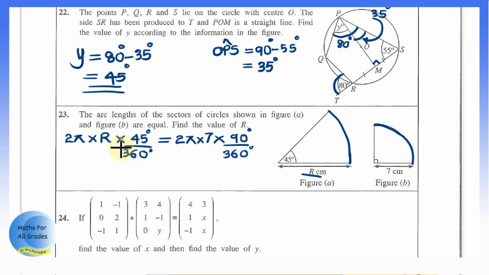Since this is an equation, these two are cancelling out and also 2 pi is cancelling out. 45 times 1, 45 times 2. On the left side, r is remaining. On the right side, 2 times 7 is remaining. 2 times 7 equals 14. So the answer is 14 centimeters.